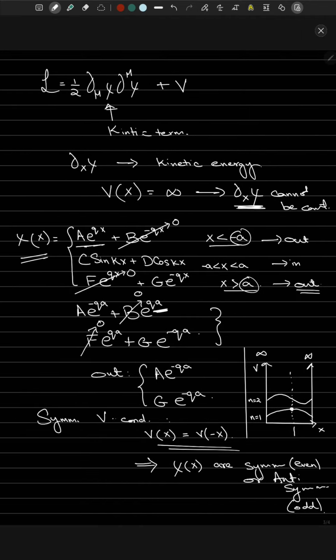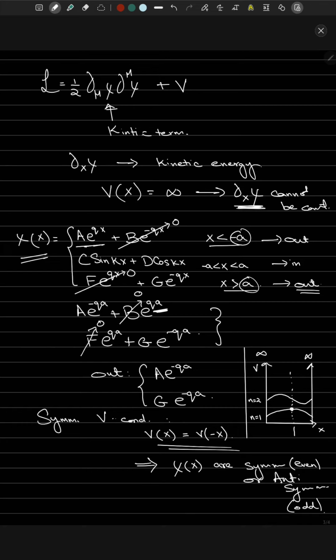For the even case, for x less than minus a, it is A times e to the power qx. And for the region that lies in between minus a and a, you have the sum of sines and cosines, but we're only talking about the even part of the solution.